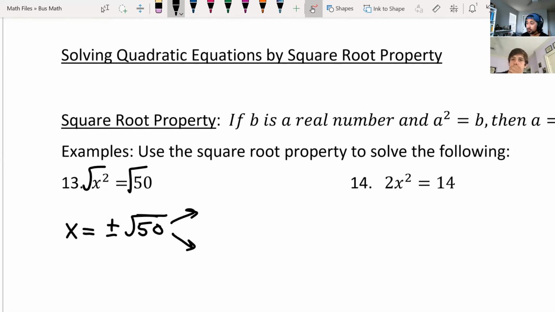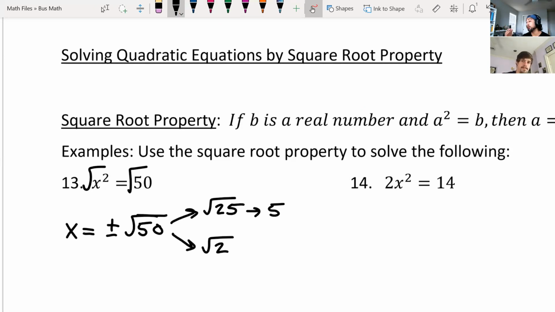What are some factors of 50 that might work here? 25 and 2. Good. So the square root of 50 can be rewritten as the square root of 25 times the square root of 2. What is the square root of 25? 5.